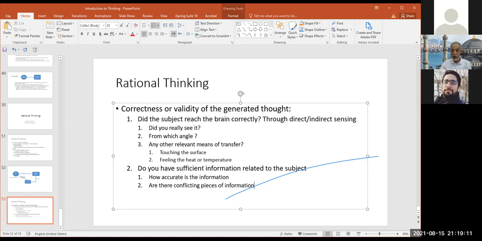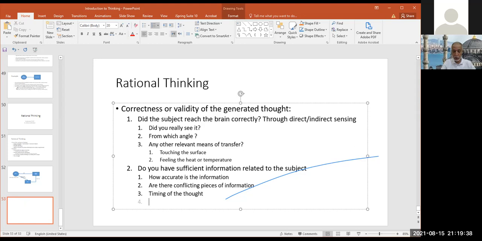So there is conflicting information and the accuracy of information. Maybe you have the wrong data, or data that is not accurate or not proven correct. And then also sometimes the timing of the thought, because let's say you are required to pass a thought in a very short period of time, and then there's how quickly you can find the relevant information.